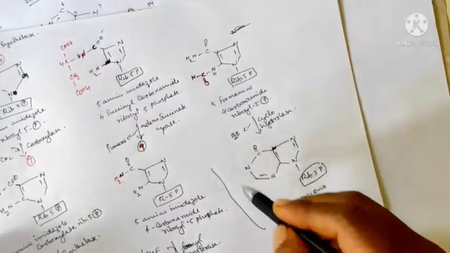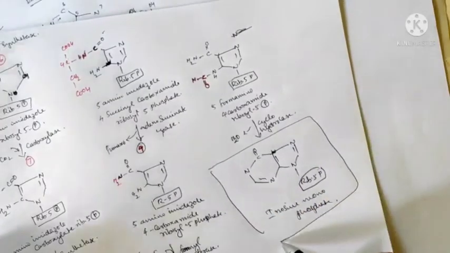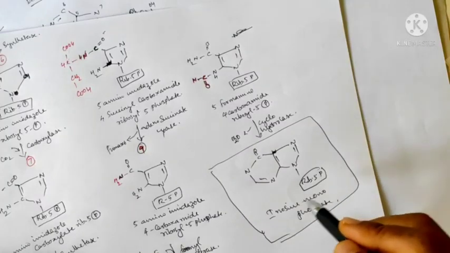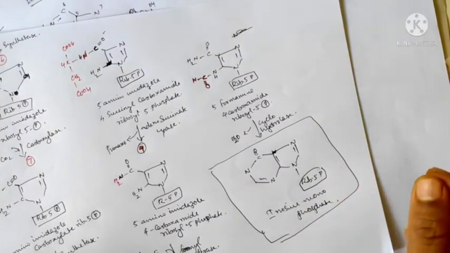This inosine monophosphate has a purine base, a purine nucleus. So from this inosine monophosphate, purine nucleotides are synthesized.